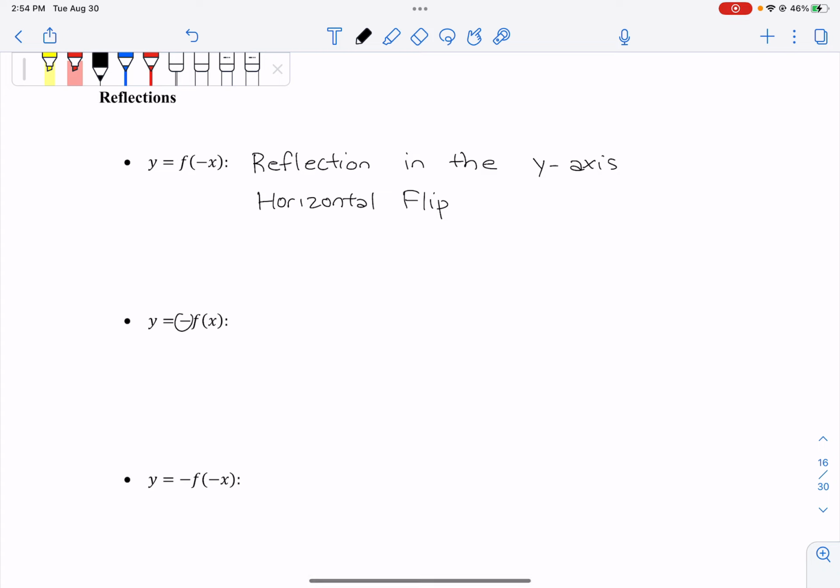Now, if you have the negative outside of the function f of x, this is what we call a reflection in the x-axis, or a vertical flip.